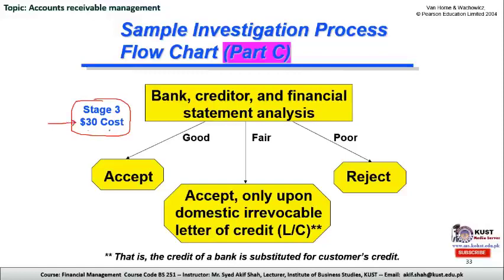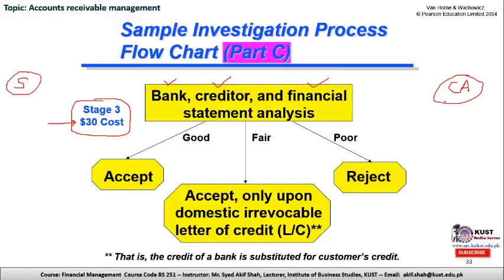In this step, the supplier approaches the bank, the other creditors, and the financial statement analysis of the credit applicant, which will determine whether to accept or reject the credit application.